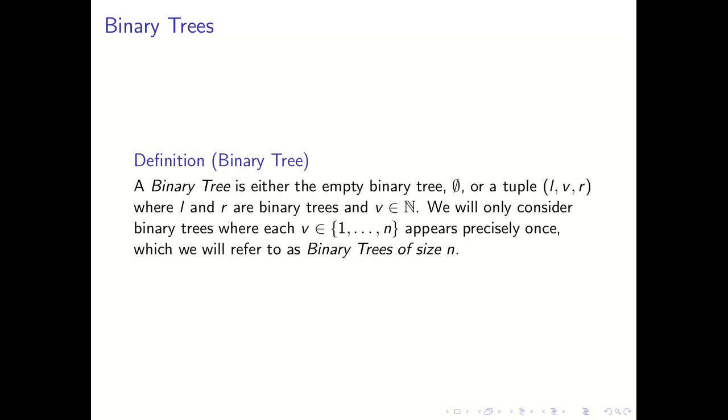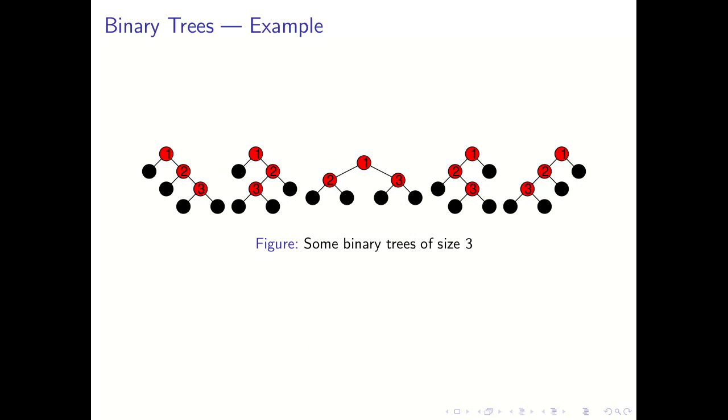But unless you've done a lot of computing, that might seem like, well, okay, what are we actually talking about here? So here are some examples of binary trees of size 3. In this case, what I mean by the size is all of these red nodes that I've labeled with some number. And the black ones would be the leaves.